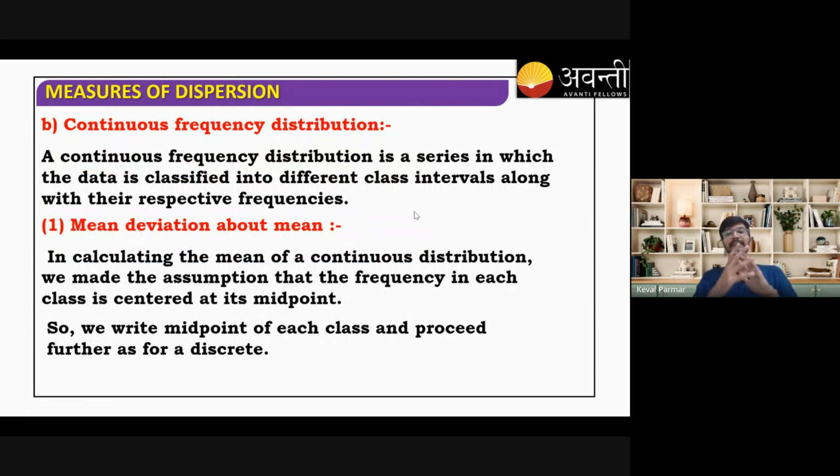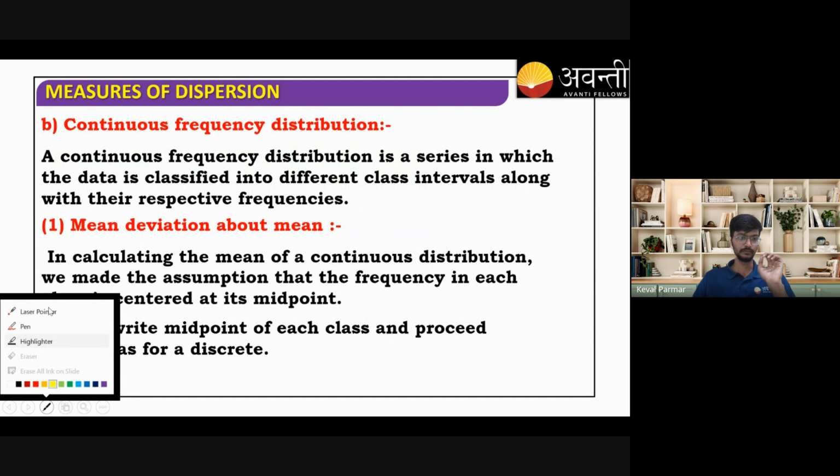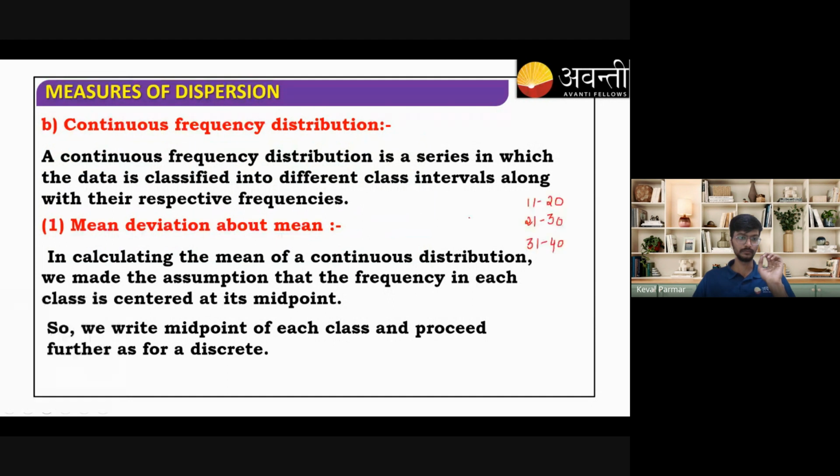When we have groups, for example, let's say I have groups like 31 to 40, and so on. If we want to find the mean, it is summation fi xi upon summation fi.